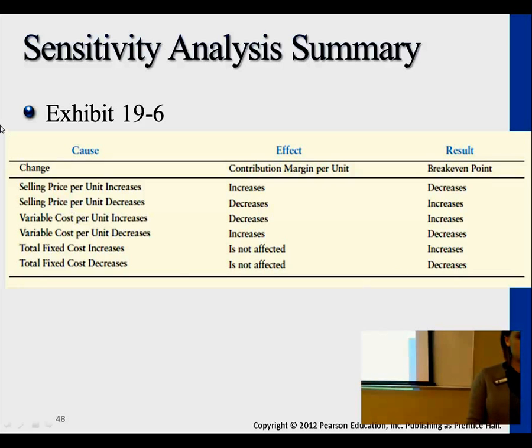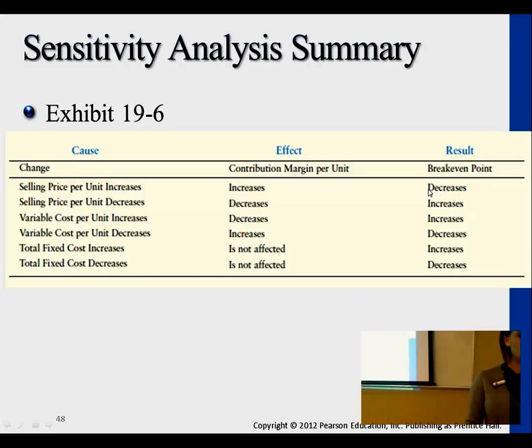So if we have a change in sales price per unit, if the price goes up, the contribution margin per unit is also going to go up, but the break-even point is going to decrease. All right, and it's the opposite effect when it's decreasing. It's going to decrease the contribution margin per unit, and it will increase the break-even point.